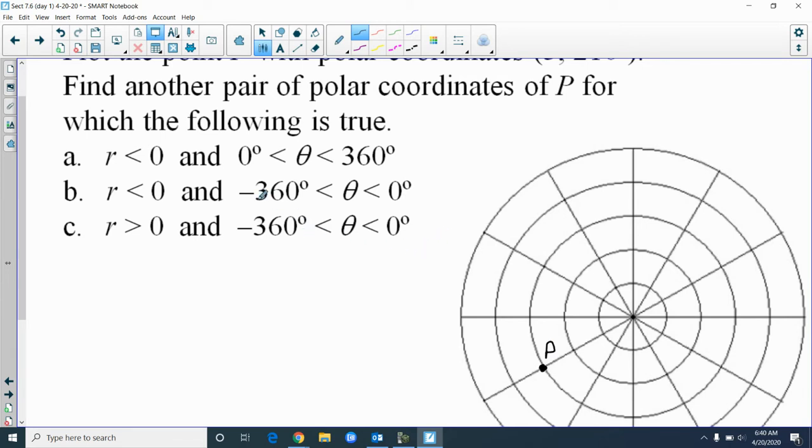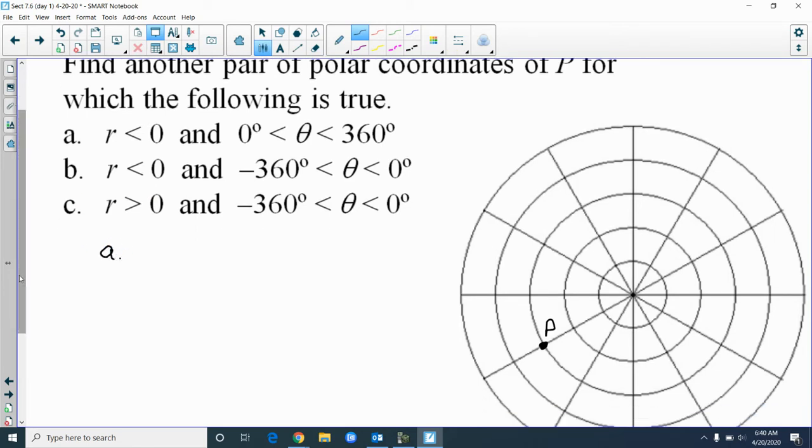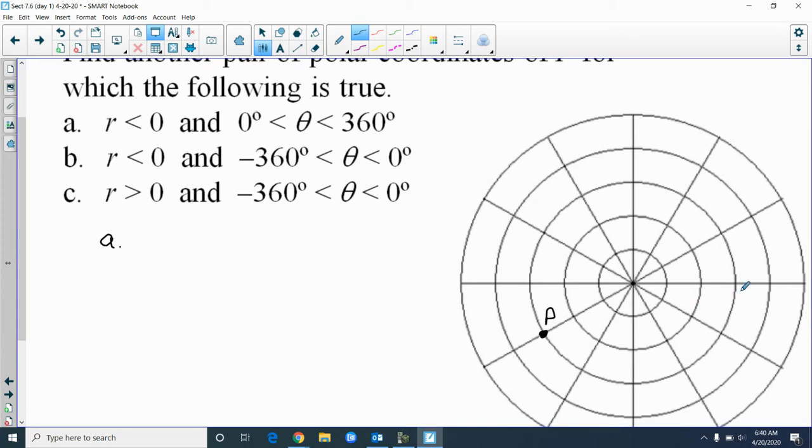Now, there are 3 additional ways to name this. Every point can be named 4 different ways, and it still represents the same point. And they give you some conditions here, and I will just show you how to name the 3. Now, the first one where r is less than 0, and you have a positive angle. All right, so again we want a negative radius and a positive angle. Let me write it down first and then I'll discuss it.